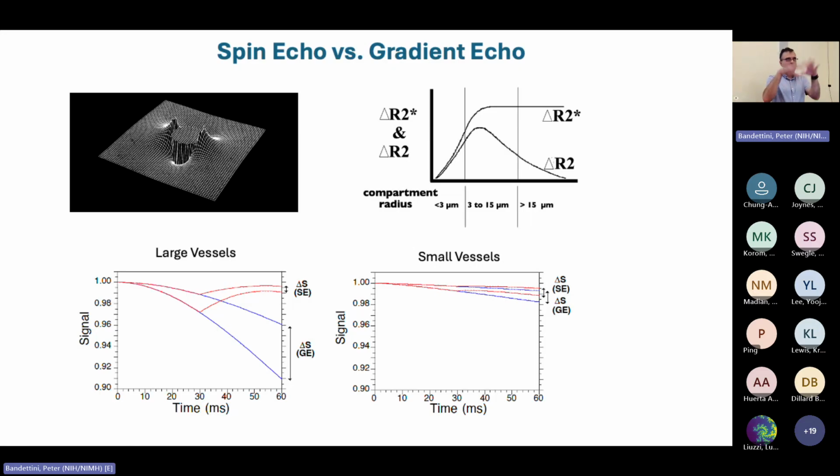So if they diffuse 10 microns, then they won't sample that much of a difference of a magnetic field from the beginning to the end of the echo time. So if they don't, then they'll all refocus. It's like runners. They'll all be exactly the same speed coming back to the start line because they're not changing speed. And so then they'll all be refocused. So there'll be no dephasing signal that spin echo is sensitive to.